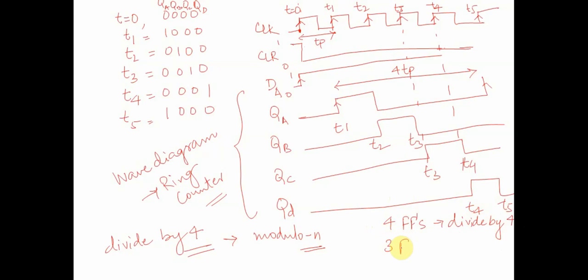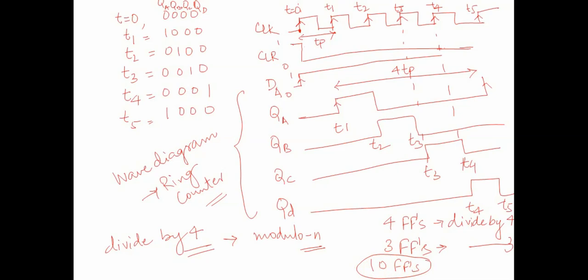If we use 3 flip-flops, it will be a divide by 3 circuit. 5 flip-flops, it will be a divide by 5 circuit. And if we have to get a divide by 10 circuit, we will need 10 flip-flops. Correct? So this is one of the examples of ring counters.